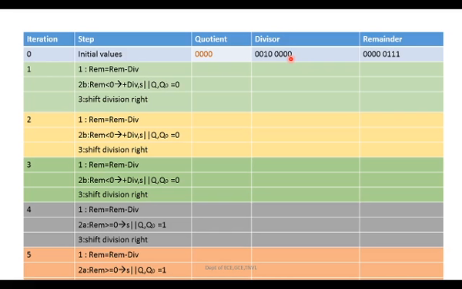One more important thing is that we need to load the divisor in the left half of the register, because we want to shift the divisor to the right every time. So if we want to shift it to the right, it should be placed in the left half of the register. So the divisor is always loaded in the left half, and the remainder, that is the dividend, is always loaded in the right half of the register. Okay. And the quotient is initially loaded to 0000.